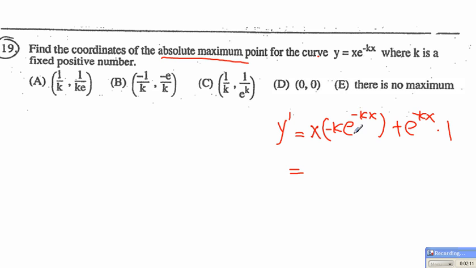Now we realize that e to the negative kx is common. We have negative kx plus 1.